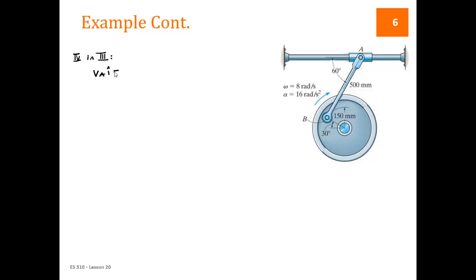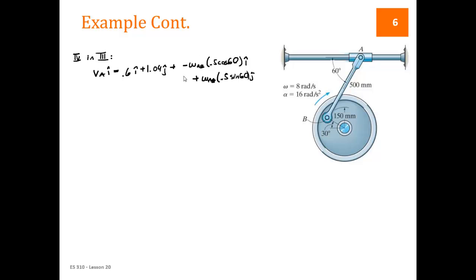VA i hat is equal to VB, which was 0.6 i hat plus 1.04 j hat, plus negative omega AB times 0.5 cosine of 60 j hat, plus omega AB 0.5 sine 60 j hat.